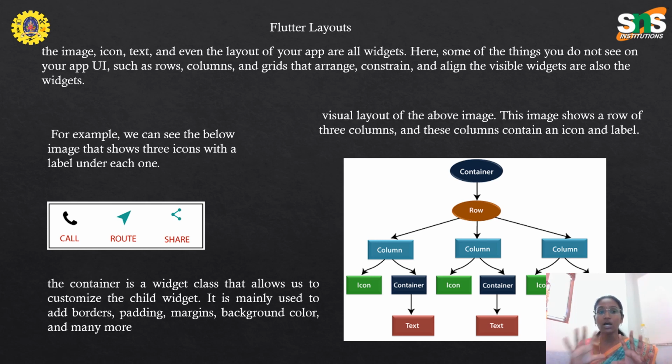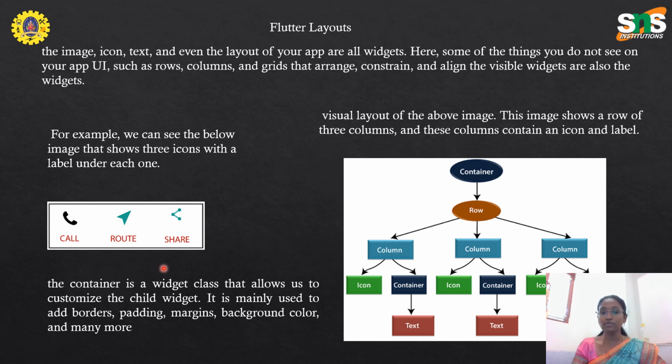It's also a widget used in UX design, user interface design. For example, we can see the image below. This image shows icons with a label under each one. Each and every mobile phone has this screen, as in sharing on WhatsApp or ShareIt.